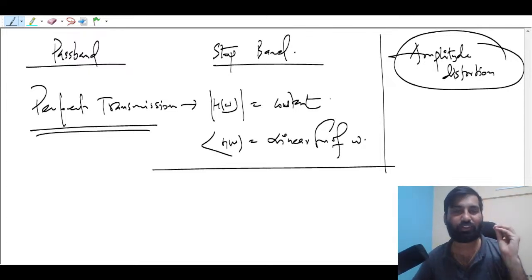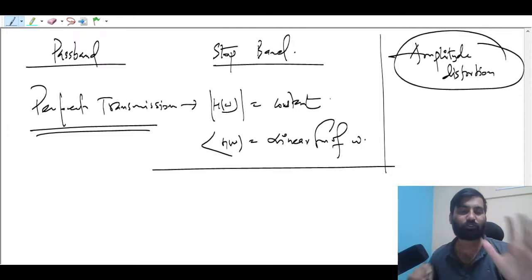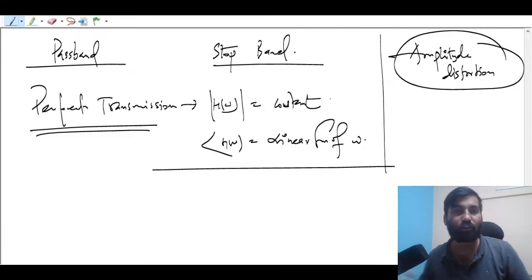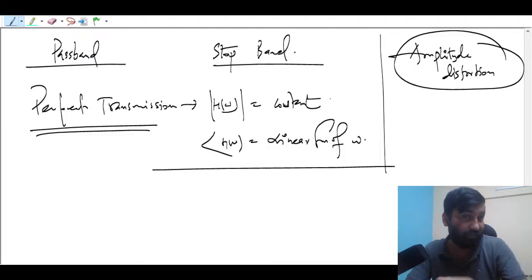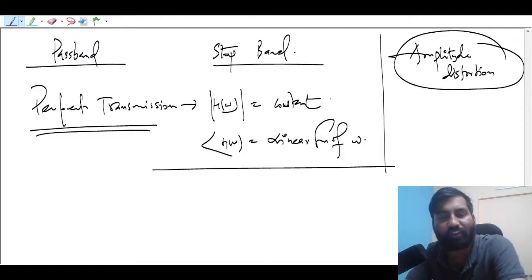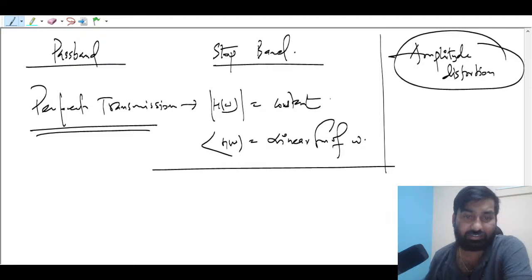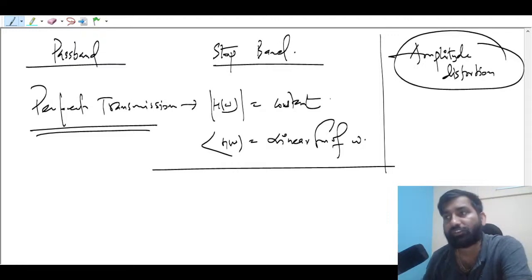In the exam you may be asked to compute phase delay. What is phase delay, what is group delay? Now you should understand where the concept of phase delay and group delay comes from. It comes because of the phase distortion, when the phase is not a linear function of the frequency omega. When the phase is not changing linearly with frequency, there will be different delays in the system for different frequencies.